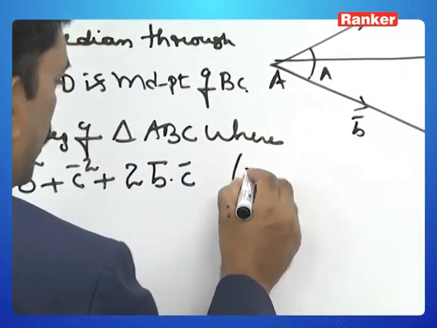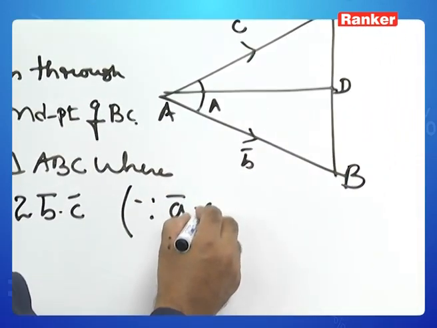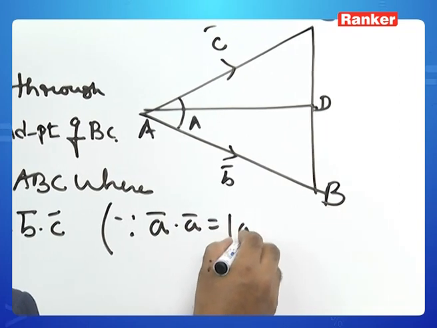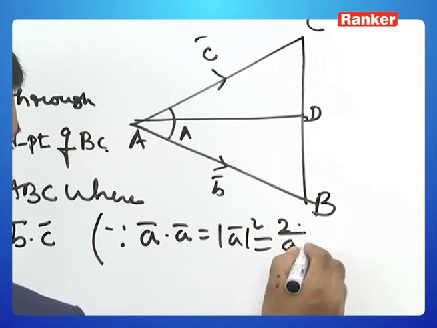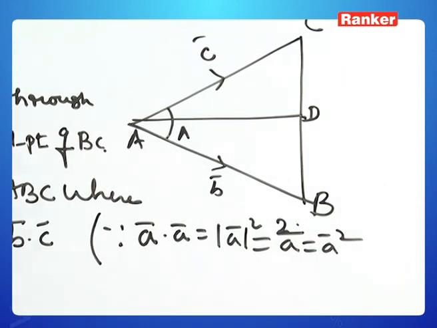Since a bar dot a is equal to mod a whole square, that is a square, as you please.